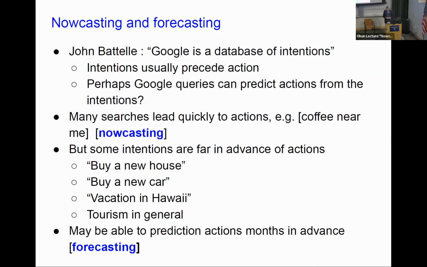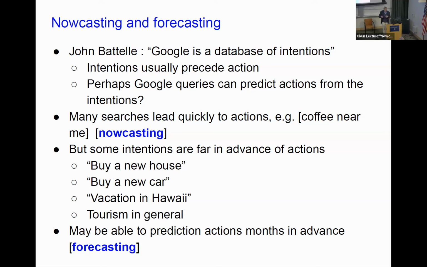And now, a few words about nowcasting and forecasting. John Patel, who's an internet guru, I guess, said, Google's a database of intentions. And you get the idea. If you're thinking about making a decision, maybe buying something, going somewhere on vacation, getting something to eat, you might go to Google and ask it queries about where you could find good coffee, or where you could find an enjoyable vacation, etc. And so the idea is the intentions usually precede actions.